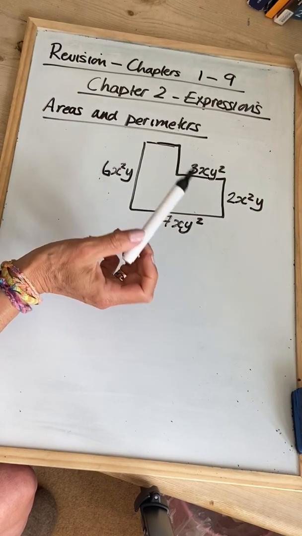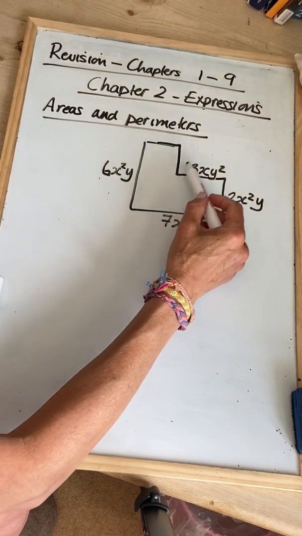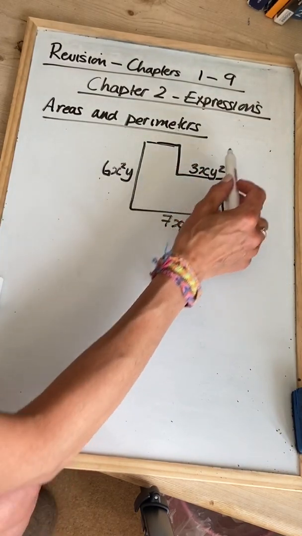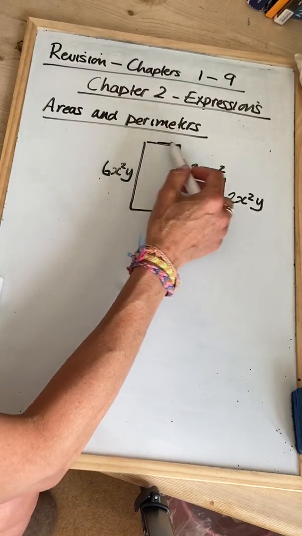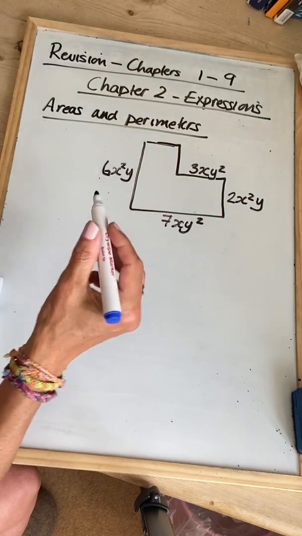So if I was asking you for the perimeter of this shape, we could just be clever and think to ourselves, well, if that came out there, we could draw a line, and so we'd have a 6x squared y, a 6x squared y, a 7xy squared and a 7xy squared, or we could fill in the gaps.